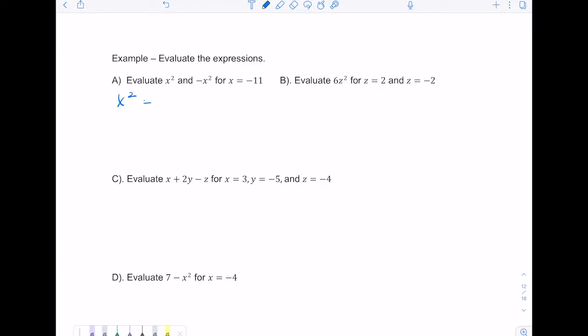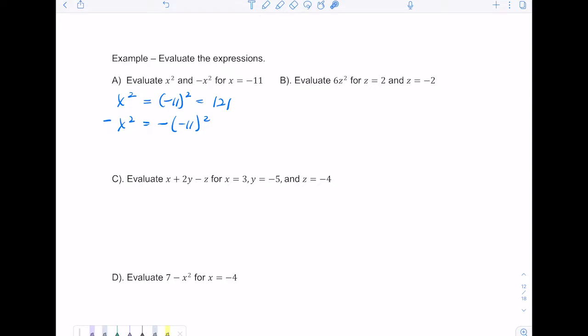So that just means I'm going to plug in -11 and square it. And then I'm going to take this expression and plug in -11. So remember, this negative here just stays on the outside. We'll use it at the end. And then you're plugging in -11 in place of the x and squaring it.